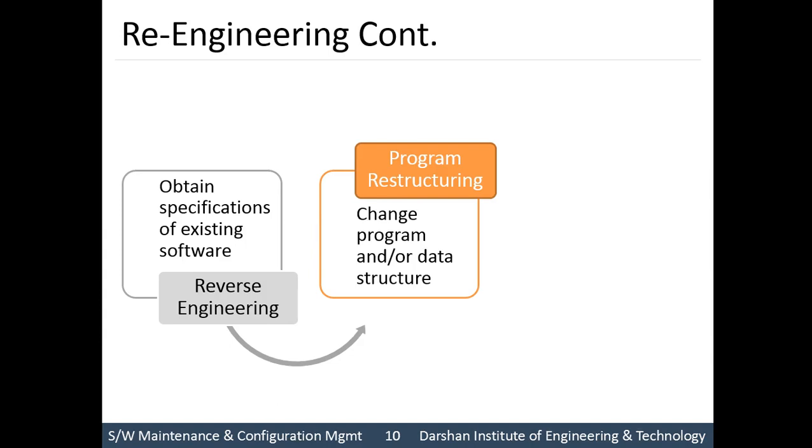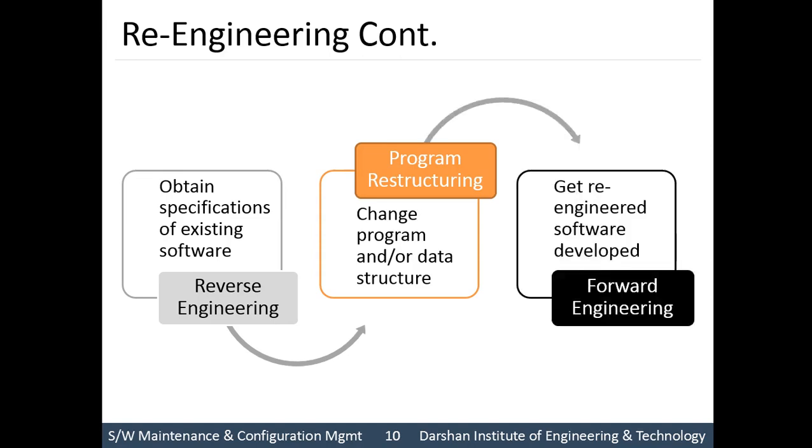We are changing the data structure of the obtained specification, and based on that new data structure, we apply the forward engineering principle to get the final re-engineered software product. So reverse engineering gives us the specification, we modify the specification and the data structure, or program, and we do forward engineering to get the re-engineered final product, which is more than the equivalent of the current existing software.